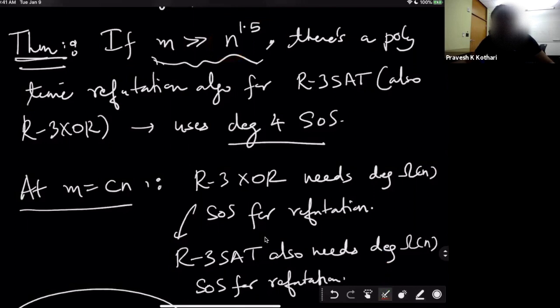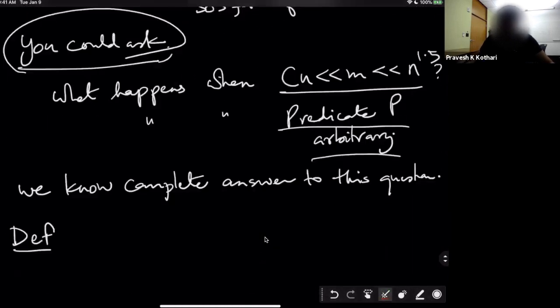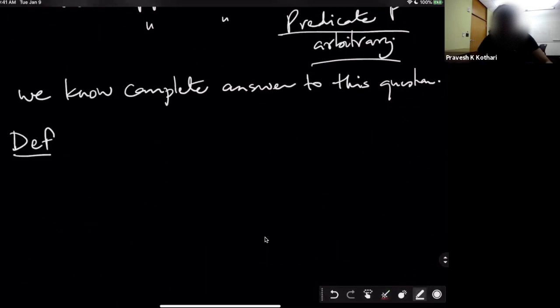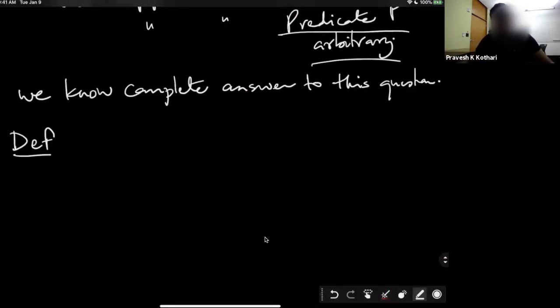And at least for random 3XOR, we proved that if you have only order n constraints, then in fact you need degree omega(n), right? So what I'm going to do is describe to you this property of the predicate that governs what happens to sum of squares when you design refutation algorithms.